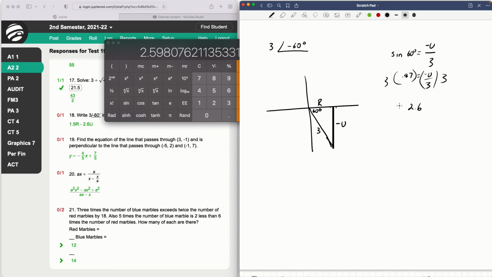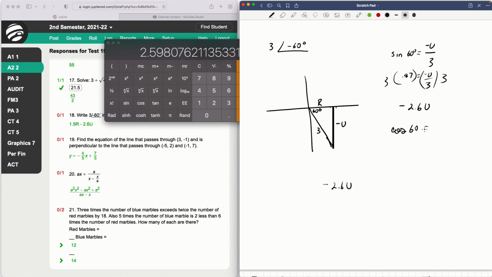So we have negative 2.6 u. I put the decimal in the wrong spot. I am so sleepy. I guess it's the time of day. 2.6 u. And now we do the same thing for r, only we use cosine. Cosine of 60 equals r over 3. Multiply both sides by 3.